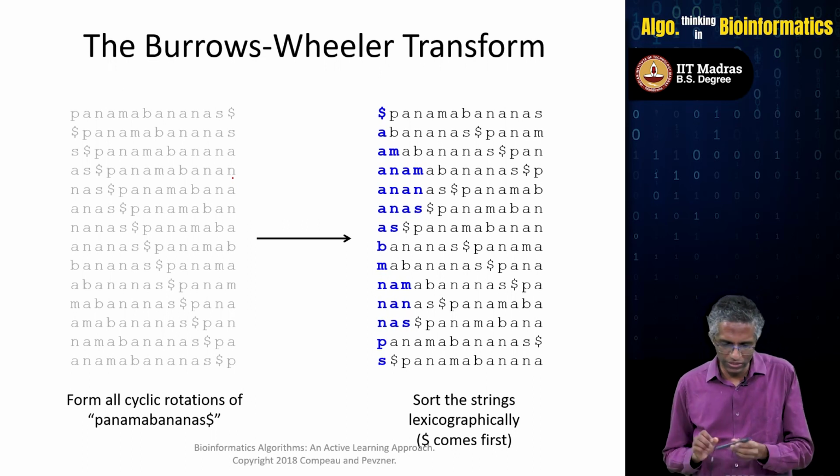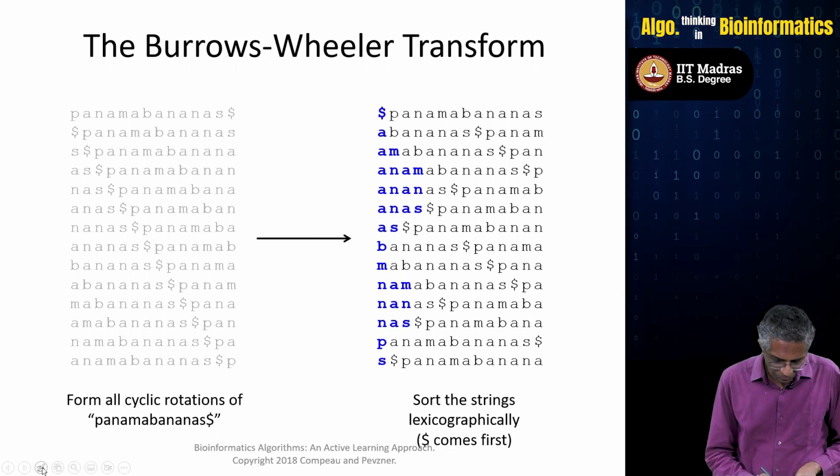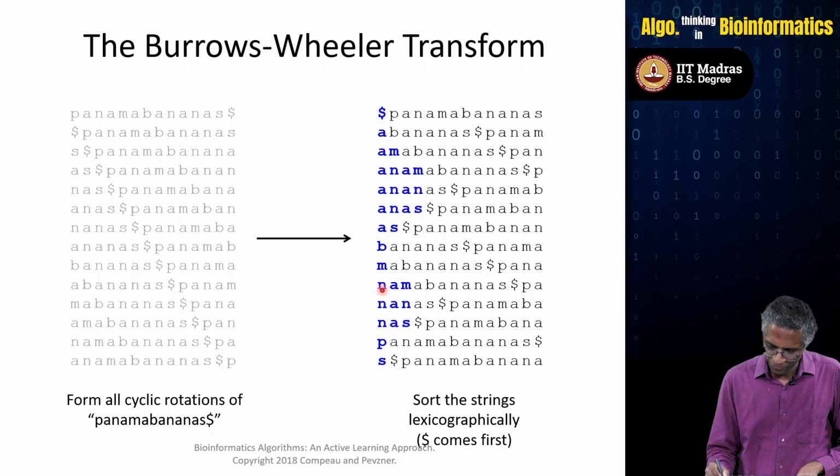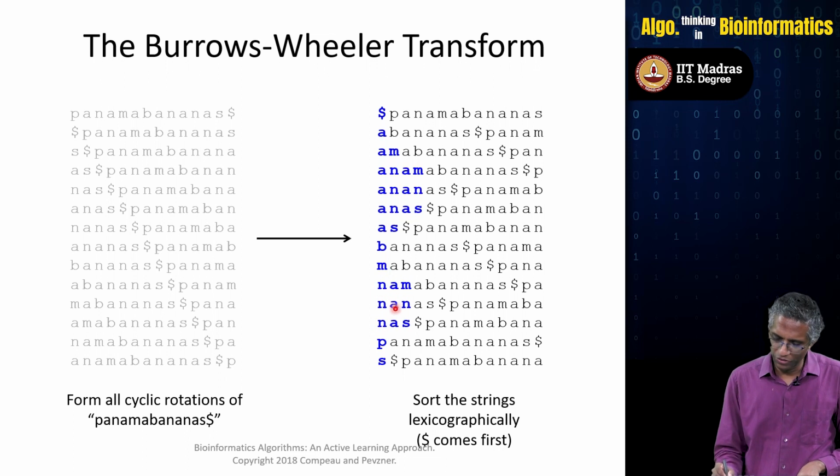For instance, you can see here that there are many N's, right? And all of these N's are tying, so you have to figure out what these locations are. So you look at the second letter. If the first letters of these cyclic rotations are tied, as in this N and N, this is a tie. So you look at the next letter, that is also a tie.